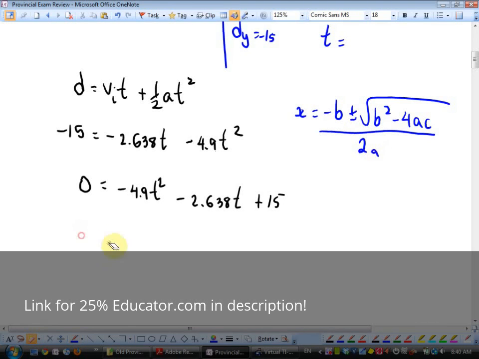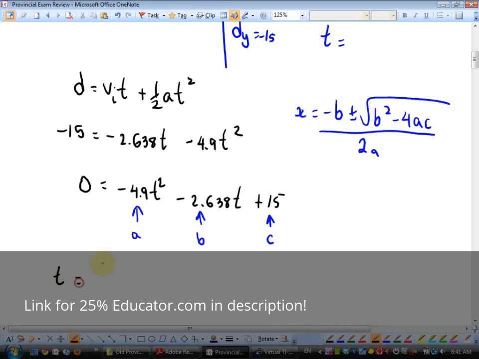We would go like this. This is the quadratic equation, if you haven't seen this before, where that number there is A, that number there is B, that number there is C, and then you just plug them into there. It looks like this.